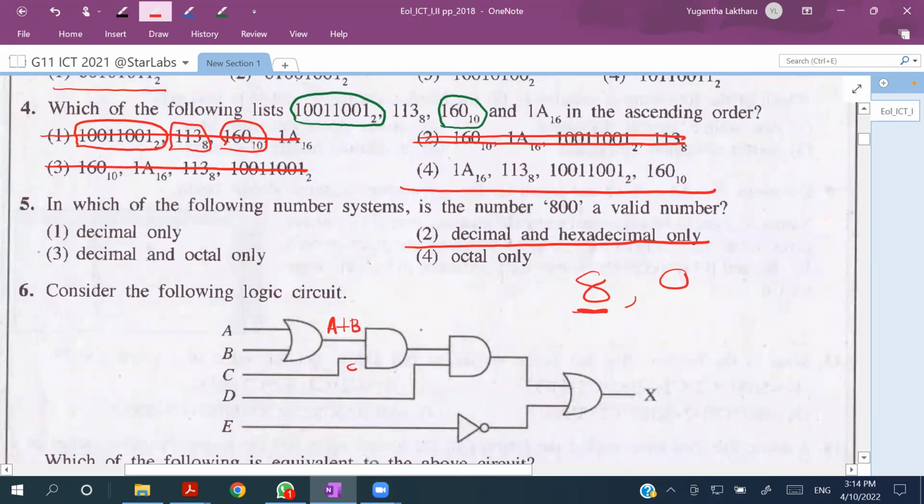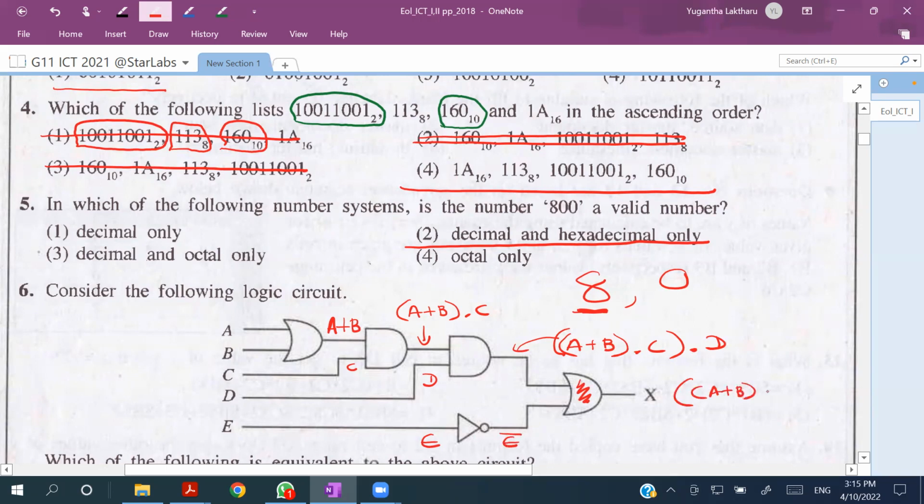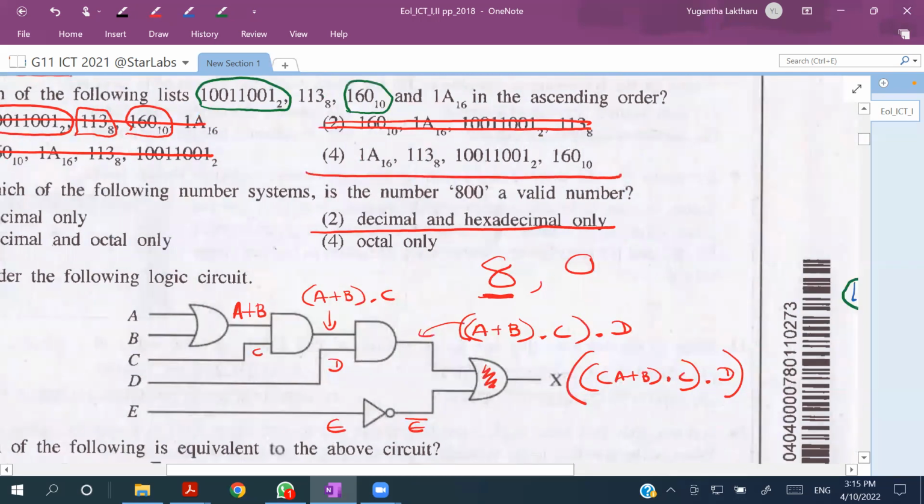So this gives me C, and this is going to give you (A plus B) dot C. And here it comes with the D, so it is (A plus B) dot C dot D. And here we got E, and here we got E bar, and this is an OR gate. So (A plus B) dot C dot D plus E bar.